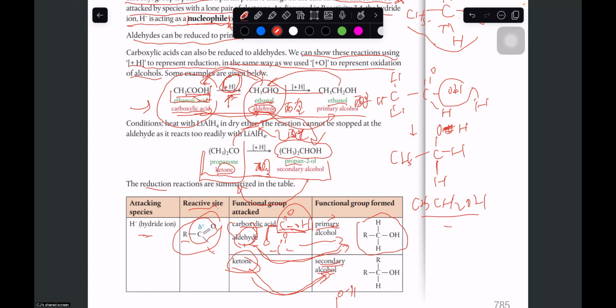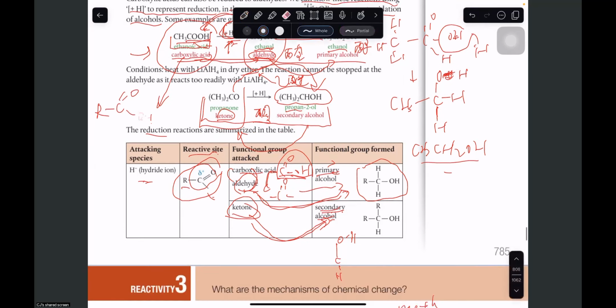Actually, this one, we can write its Lewis structure like this one. This COOH, like this one, right? This OH. If we provide the hydrogen ions, these hydrogen ions will combine with the OH to produce water.